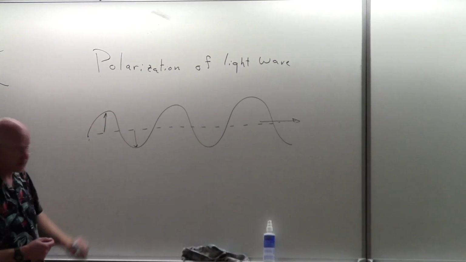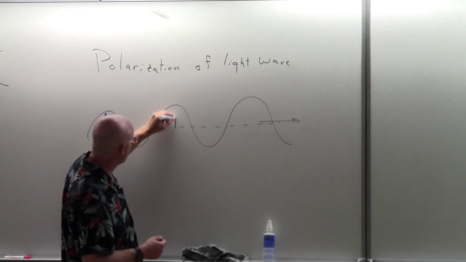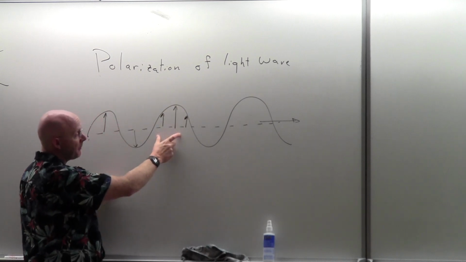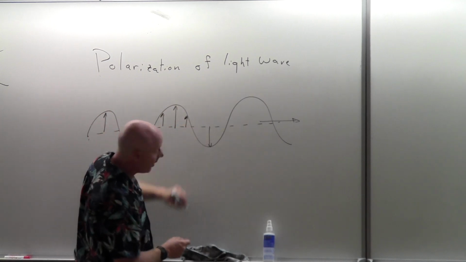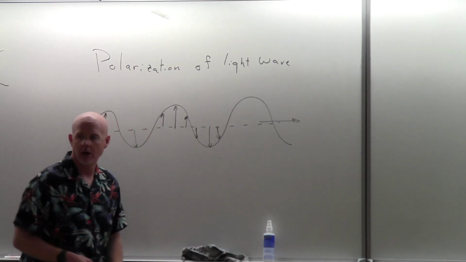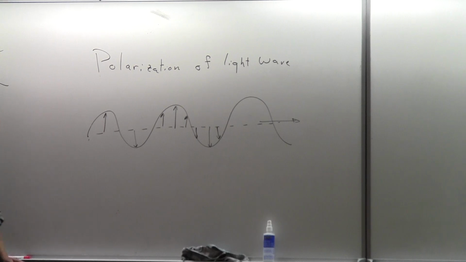At this position it's pointing down, and then up. It's just here it's up smaller, and here it's down but smaller. But the point I'm trying to make is the electric field will be in a certain direction. And that's what we mean by polarized.